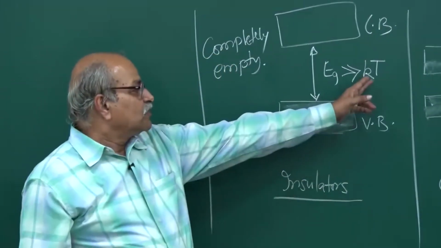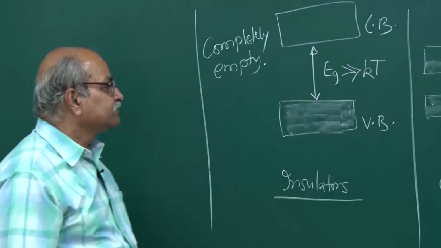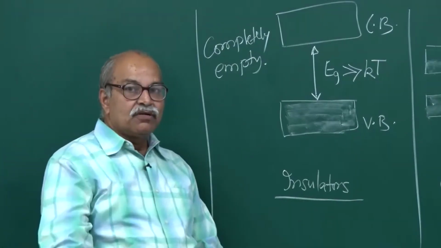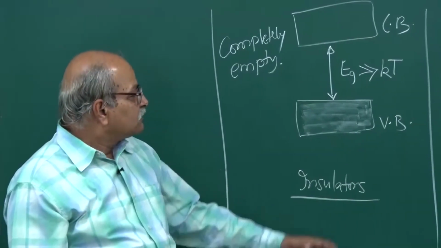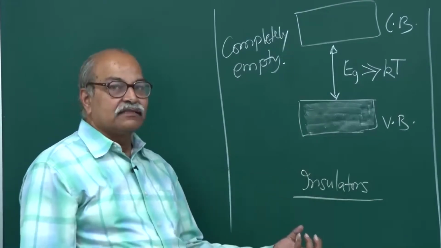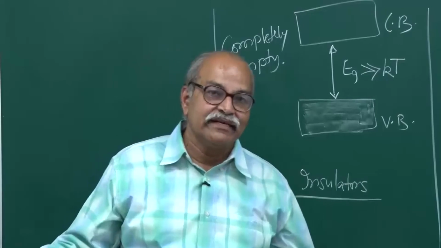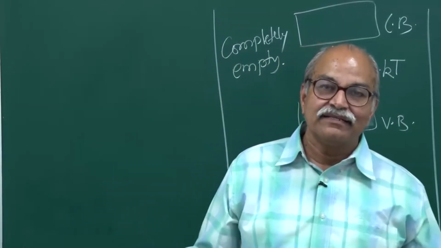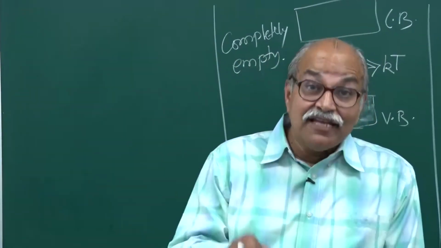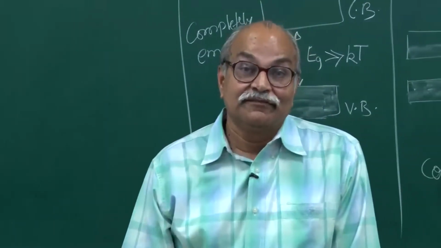Now let's talk about this KT business. As I told, through thermal interactions, electrons in this lattice keep exchanging energies, and that energy exchange is on the average of the order of this KT.